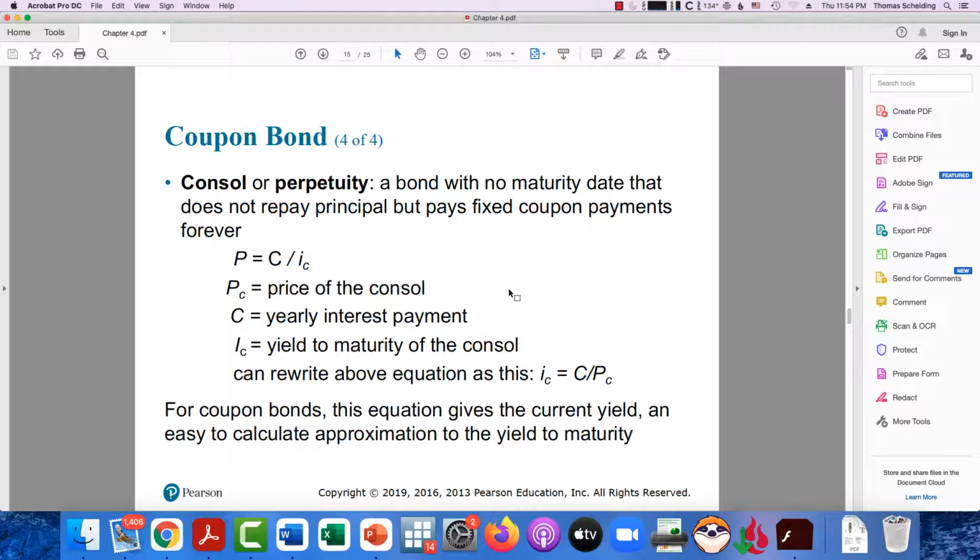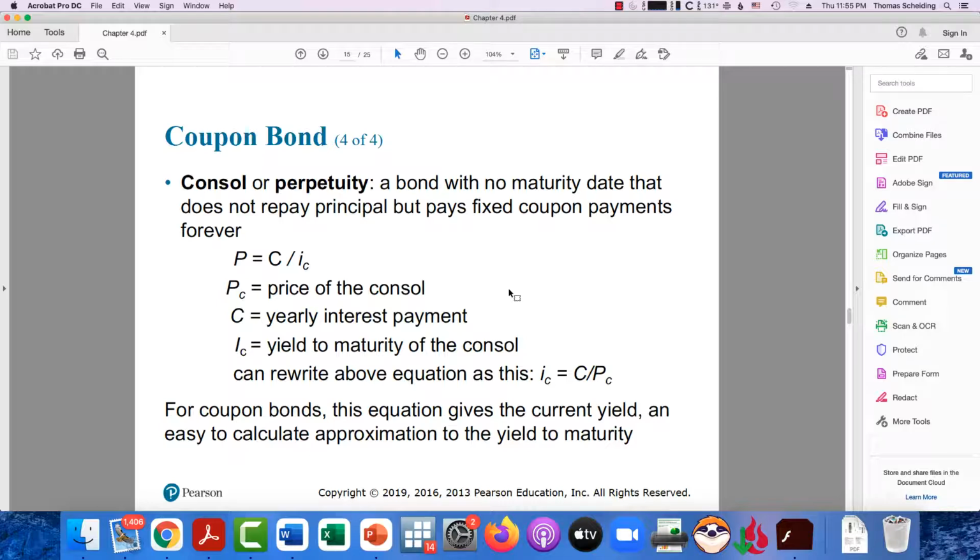Now, some bonds don't actually have a maturity date. These are known as perpetuity bonds. It's not that the maturity date is unknown, such as when you're an insurance company making a monthly payment to a policy holder. That's not what this is.